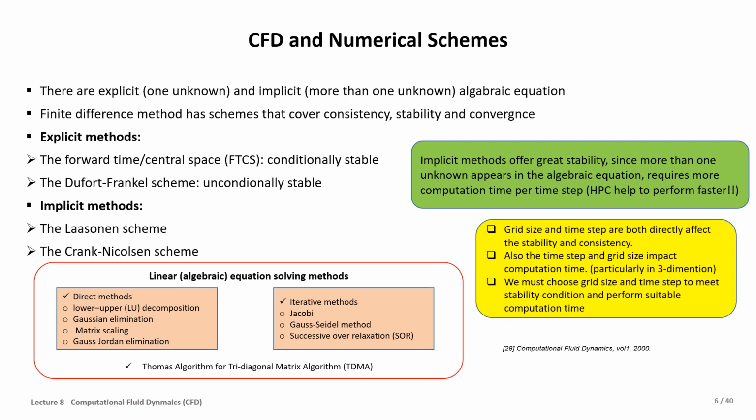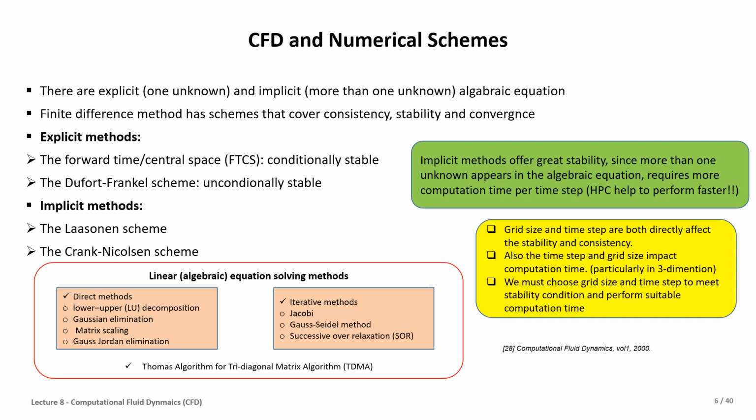Then we must choose the grid size and time step to meet the stability condition and to get a suitable computation time. Regarding the algebraic equations, as we said in the previous slide, we need to use a solving method. There are different methods.